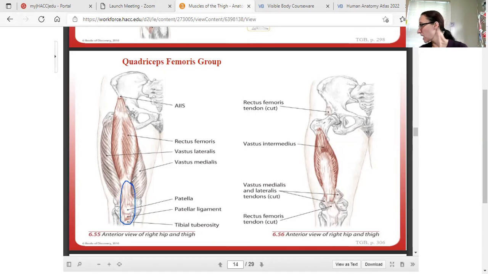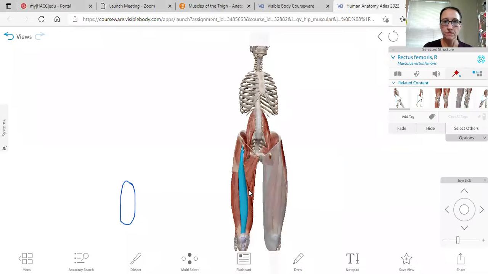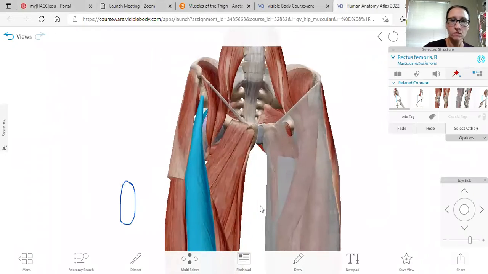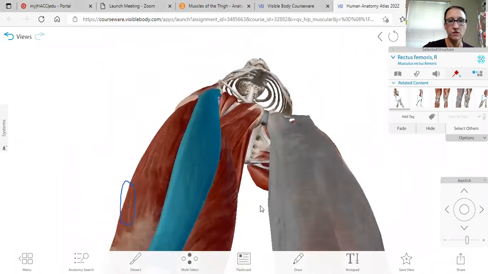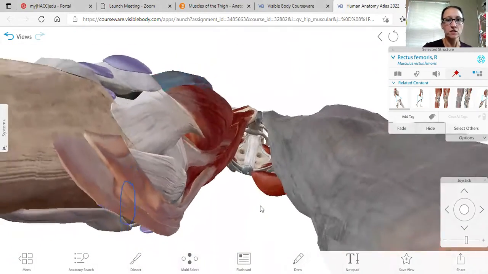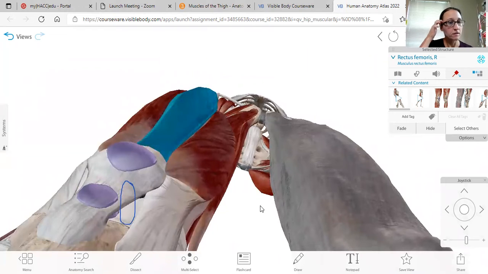My skeleton does not have that, but I'm gonna clear that out for a second. If you see, this is kind of a strange view here. There we go.